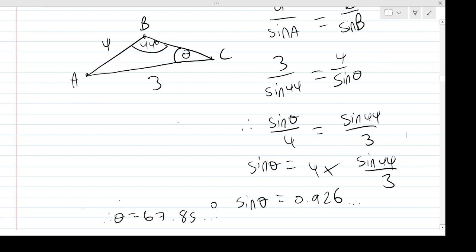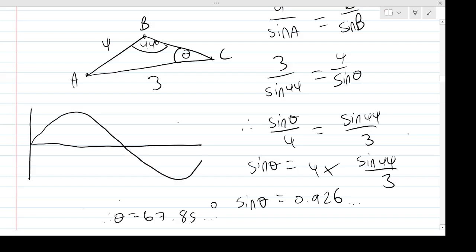However, there's another thing to this. Let me consider the sine graph. So remember from GCSE, the sine graph looks like this. Somewhere like that, where obviously we start from 0, then 90 degrees is at the top of the hill, which is when sine theta is 1.